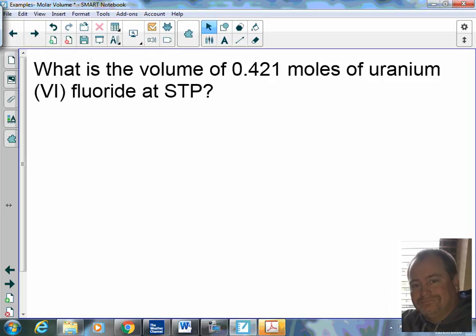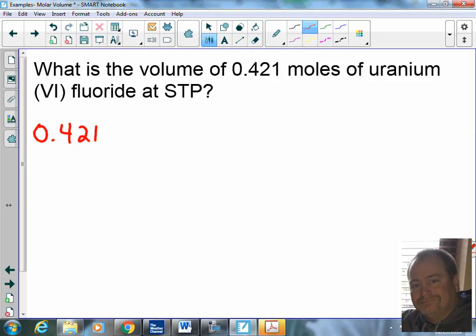My question is, what is the volume of 0.421 moles of uranium-6 fluoride at STP? Once again, I'm going to write down my value that I'm given. 0.421 moles of uranium-6 fluoride.